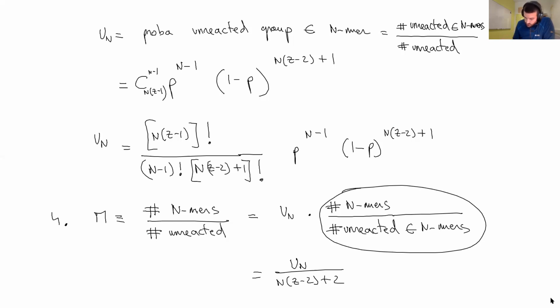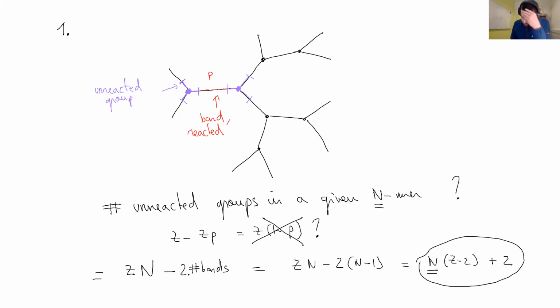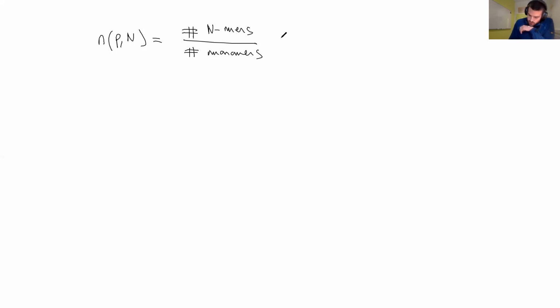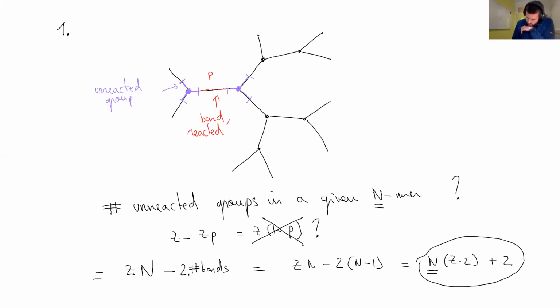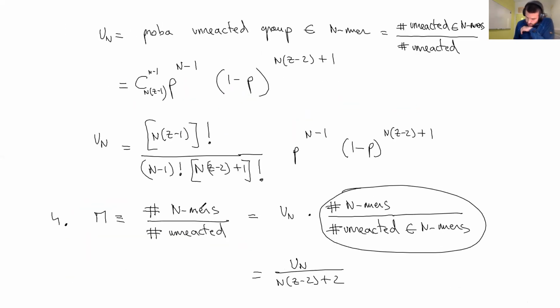I'm interested in a final quantity, which is, we work here. So I'm interested in N, that's my goal. Remember, this is the number of n-mers per monomer. That's the definition of the distribution we are interested in. So compared to M, M is the number of n-mers, but per unreacted group.